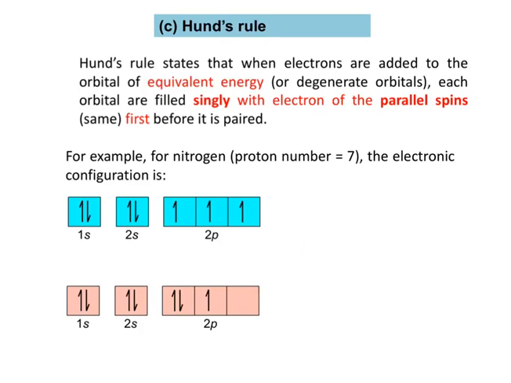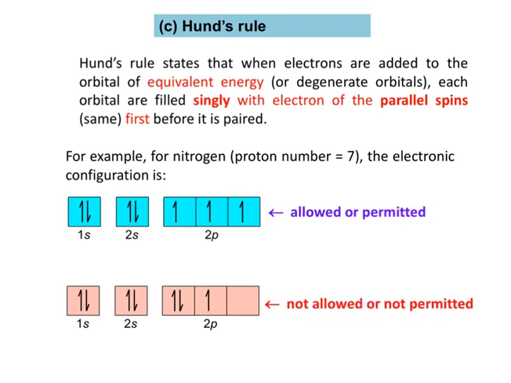In addition, this electron has a different rotation compared to these 2 electrons. In other words, these 3 electrons in the degenerate 2p orbitals are not in parallel spins. In conclusion, this configuration is allowed while this configuration is not allowed.